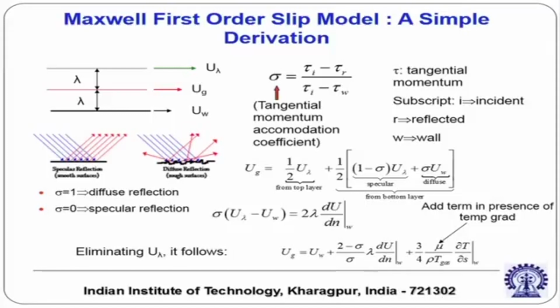So in that we are not fully confident with lambda, but if there is some possibility by which you know the Knudsen number of the system, then you can have an idea about the average molecular mean free path.